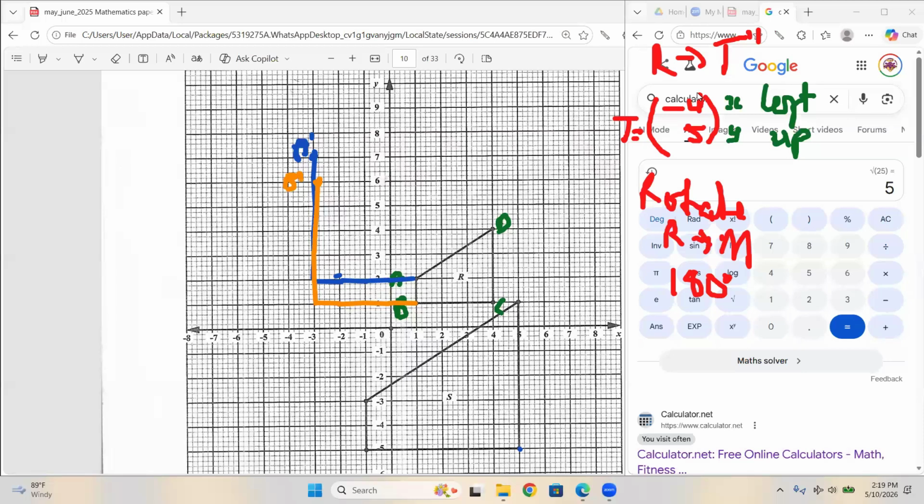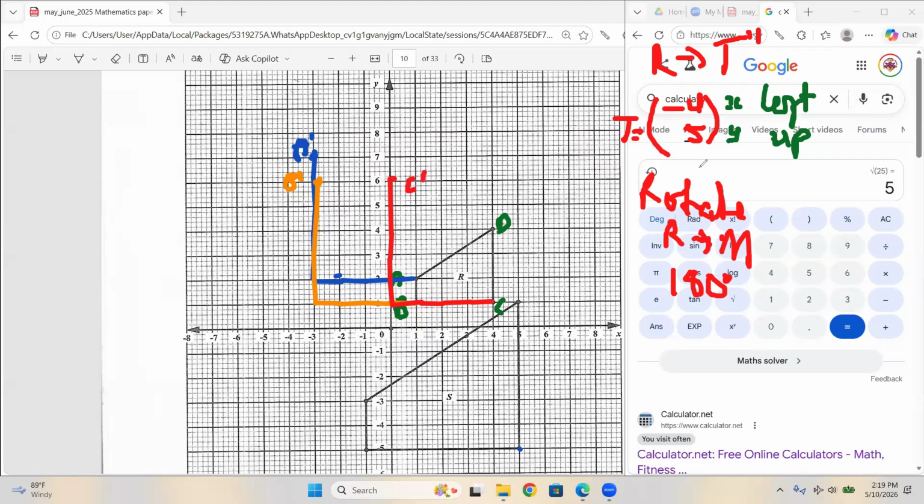Going again, this time with C. So 1, 2, 3, 4. Going up 1, 2, 3, 4, 5. So that is where C prime is, that I labeled C before.